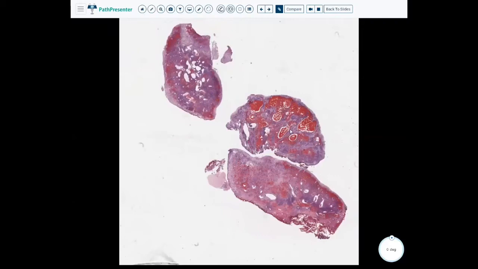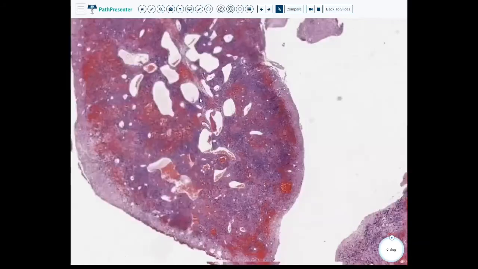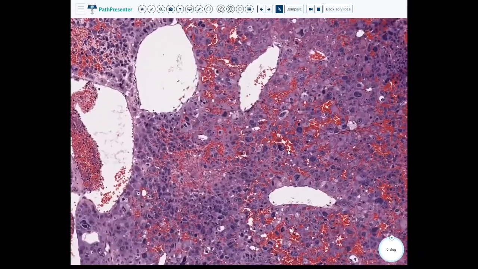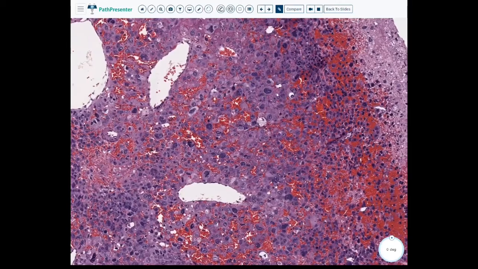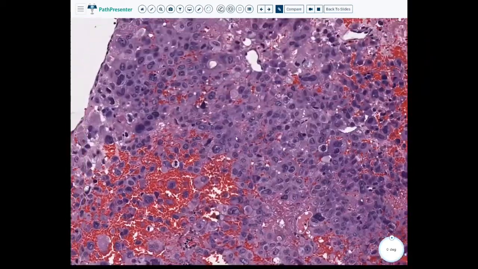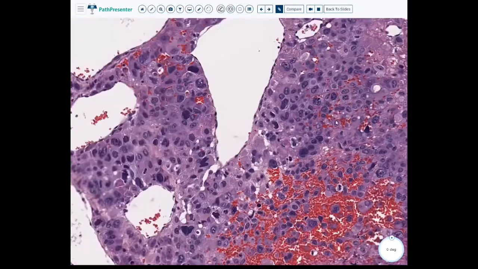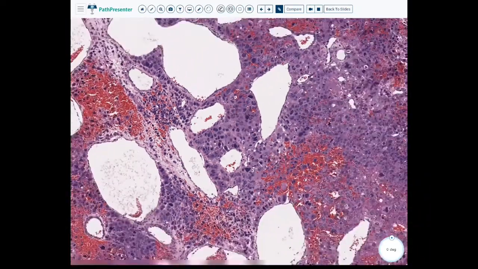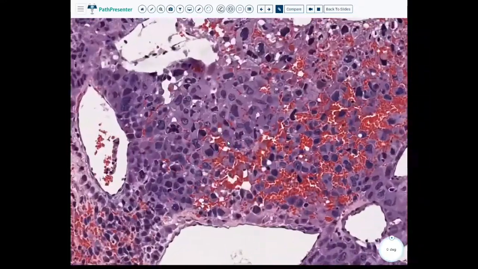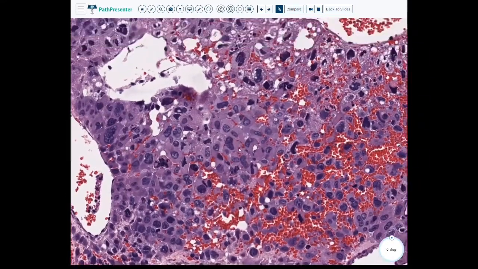Case 10. So again, extremely blue, very hemorrhagic. Can't tell if there's any normal urothelium present. And this is high grade, no doubt about it. We have cords everywhere. Extremely high grade. Not that that is a characteristic that you should use. High grade is high grade is high grade.